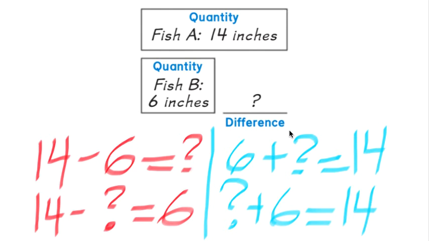So I can either start at 6, right here, and count up until I get to 14, or I can start at 14 and I can take away 6. My difference is going to be 8. The difference is going to be 8.